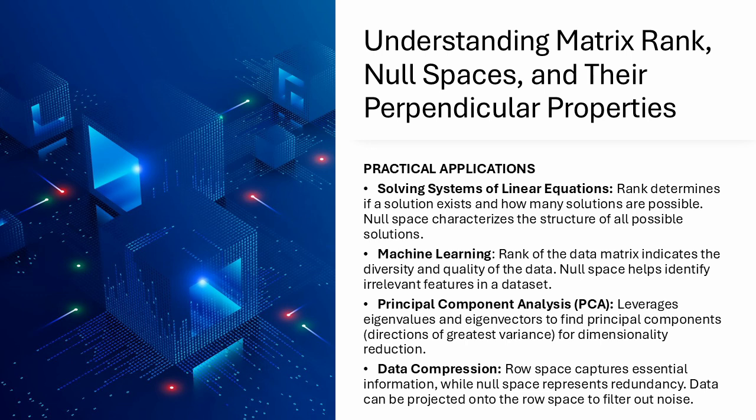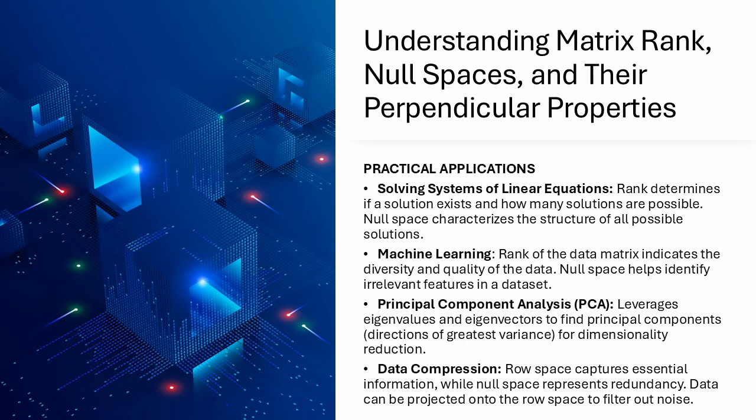It has profound implications for understanding how we solve equations, analyze data, and even design algorithms. I'm starting to see how these concepts aren't just abstract mathematical curiosities. They hold the key to unlocking a deeper understanding of information itself. Absolutely. These concepts provide a powerful lens for understanding and manipulating information in a wide range of fields.